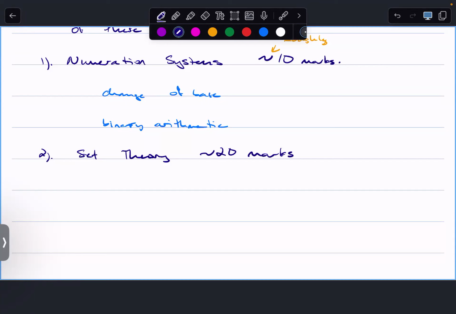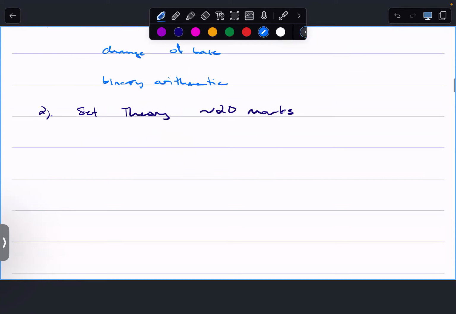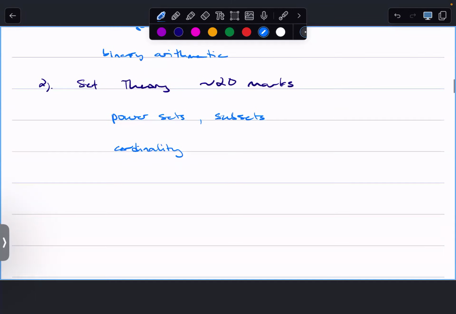There was a lot of different things that we did there, right? We talked about power sets, just kind of going off of cardinality, right? Power sets, subsets. Cardinality, Venn diagrams, kind of a money maker for set theory. Venn diagrams.